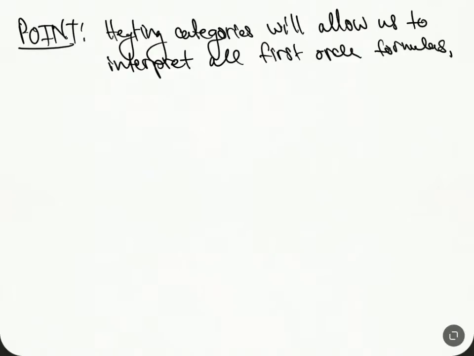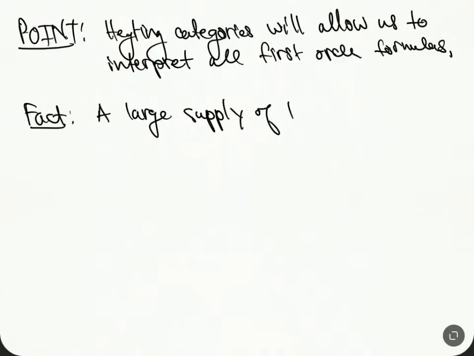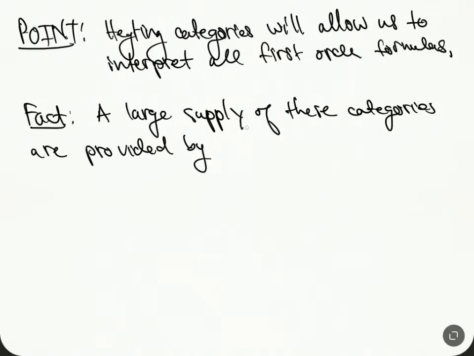So for practical purposes, a fact is that a large supply of these categories are provided by categories C which are equivalent to some category of sheaves on a site.